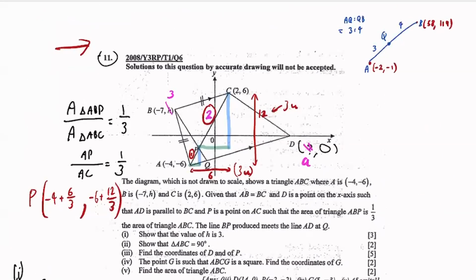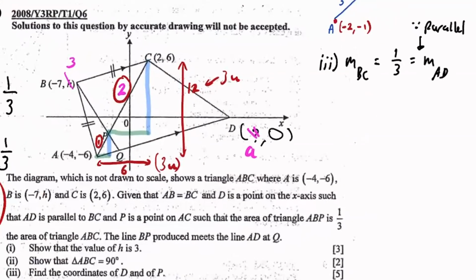So part 3, I'll just write it here. We found out MBC is 1/3. So that means that the gradient of AD is also 1/3. This is because parallel. BC parallel AD. Therefore, how do you find the gradient of AD now? Which is 1/3. Y minus Y, 0 minus -6, over X minus X. Let's just call the X coordinate A. So A minus -4. Is that okay? Yeah.